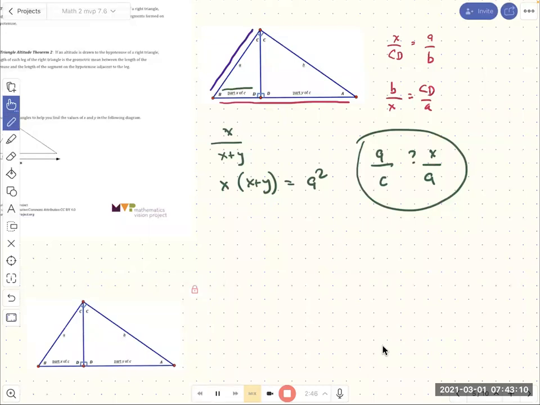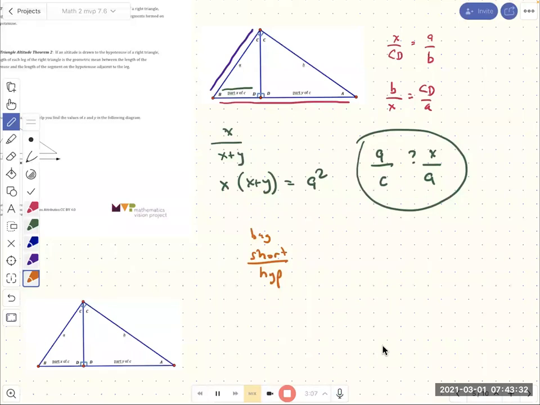So let's give this a try. In the big triangle, we're saying the short leg to the hypotenuse. What should that be like?